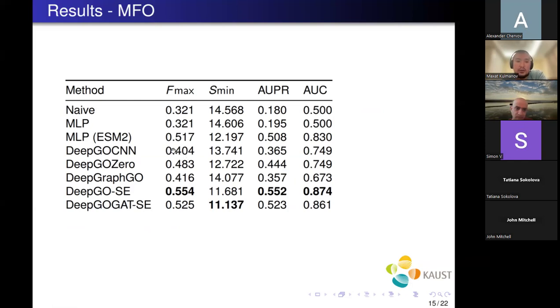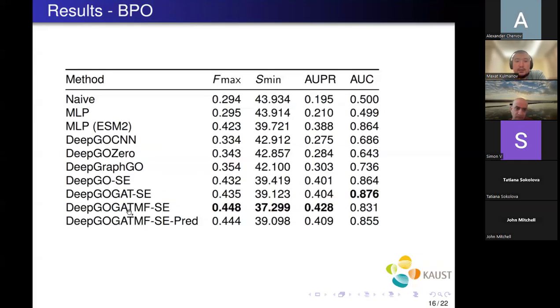And also for biological process and cellular components, we have a model which uses molecular functions. Some proteins have molecular function annotations but are missing biological process annotations, so we try to use their molecular function annotations to predict biological process annotations.